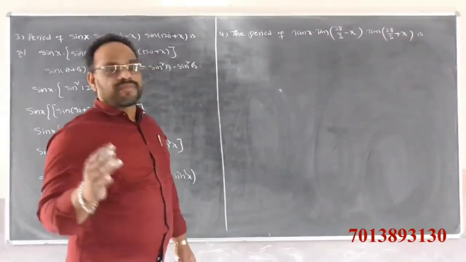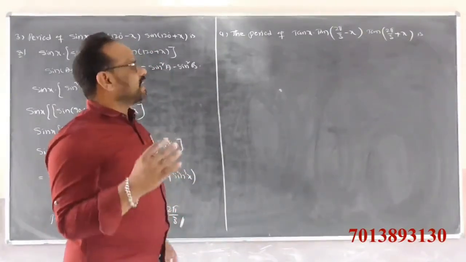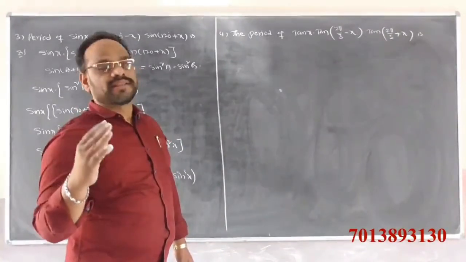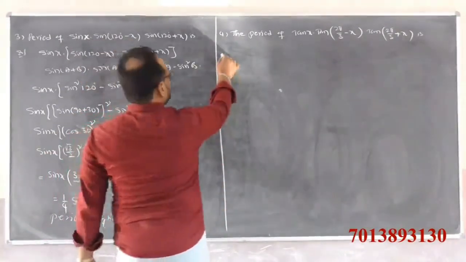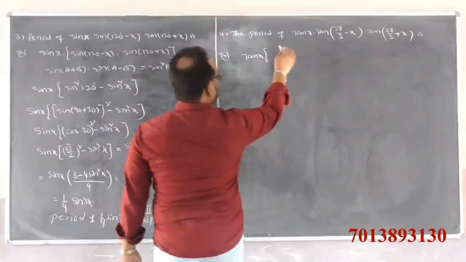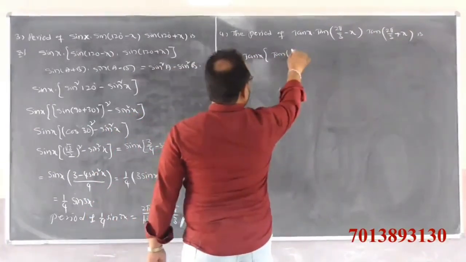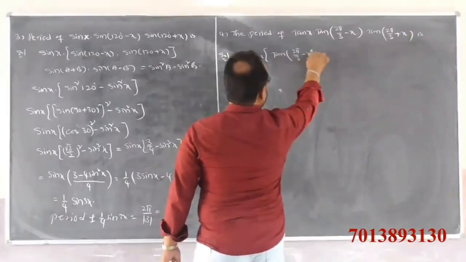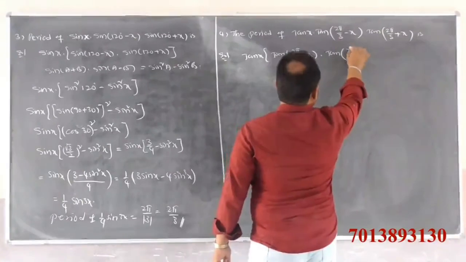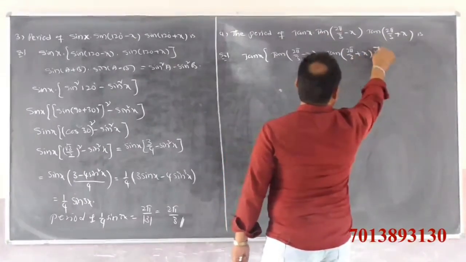The period of tan x into tan 2 pi by 3 minus x into tan 2 pi by 3 plus x. So for the solution, clearly this can be written as tan x into tan 2 pi by 3 minus x into tan 2 pi by 3 plus x.